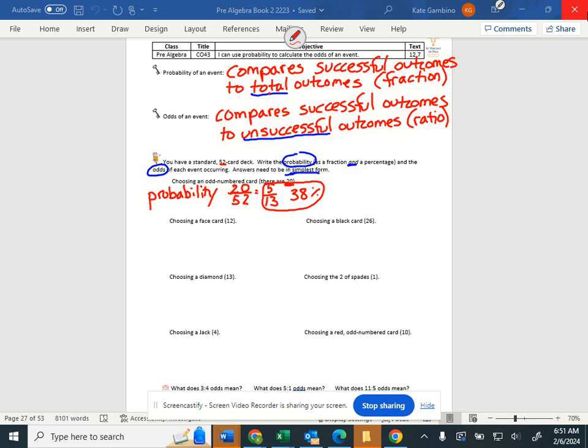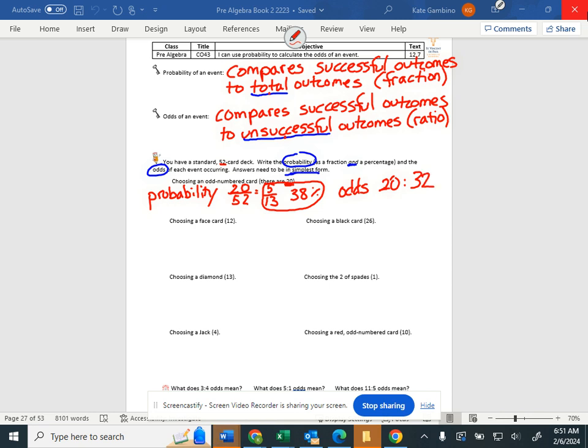I also need to write my odds. So my successful is 20. Now we want the unsuccessful. So if I take those 20 successful away from my 52, I am left with 32. I need to simplify it.